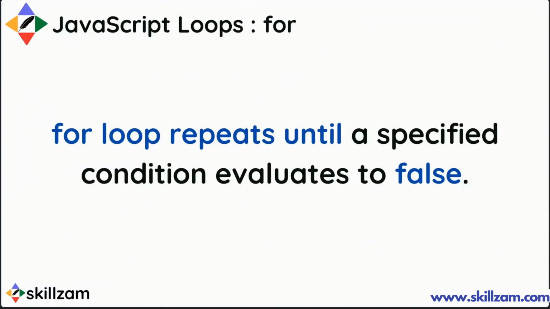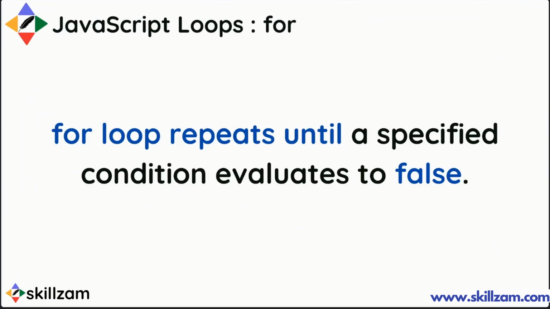Now, let's understand JavaScript loops: the for loop. Very powerful, and every programmer needs to know this particular loop because it is predominantly used in the development world. Irrespective of the programming language, the for loop has got widespread adoption. It's a favorite of a lot of people.